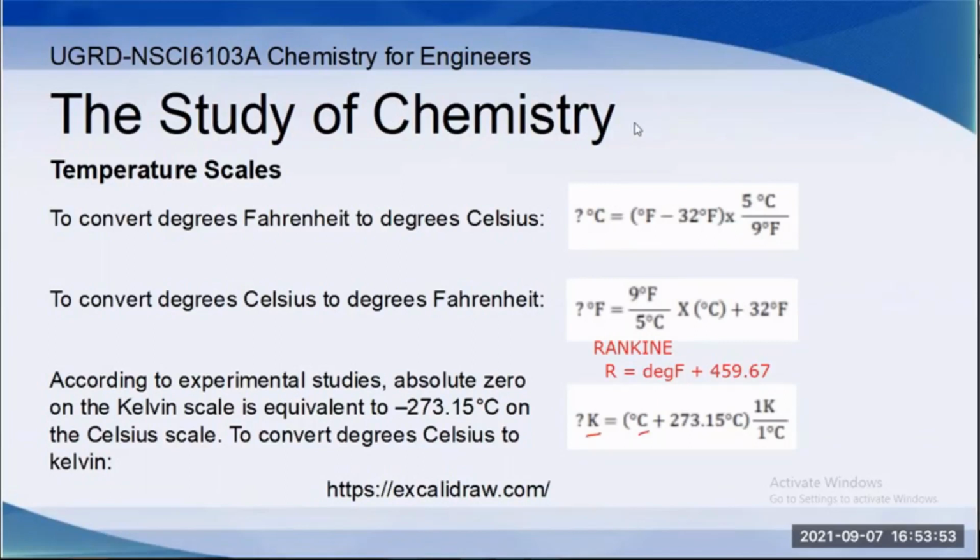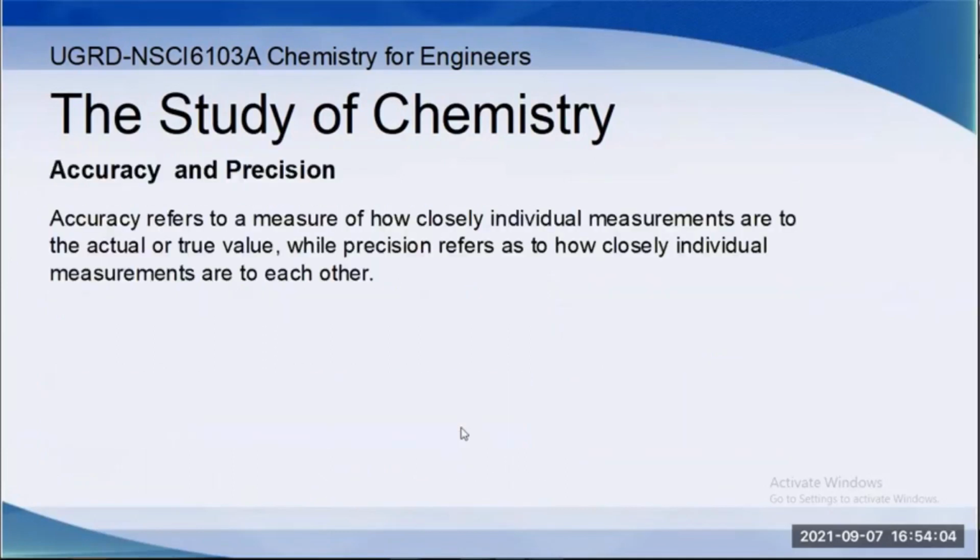Okay, so let's proceed. Clear the doodles in 5, 4, 3, 2, 1. Next, accuracy and precision. So this is a very classic topic ever since high school. Okay. So accuracy refers to a measure of how close the individual measurements are to the actual or true value, while precision refers to how closely individual measurements are to each other.